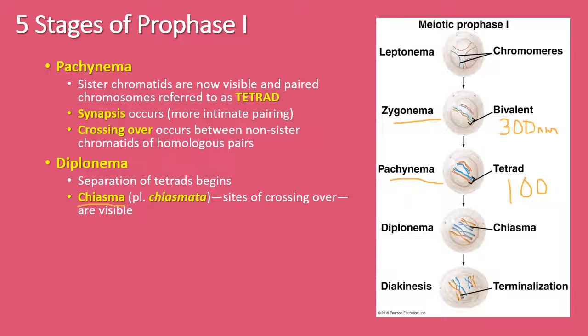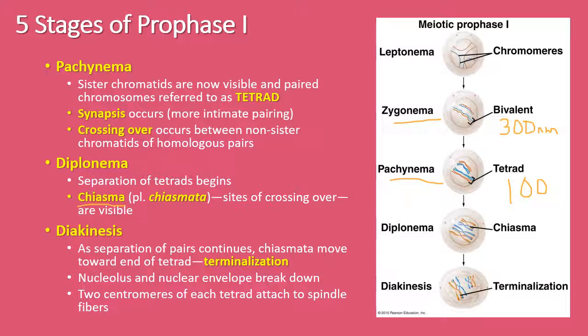Once the chromosomes start to separate, just move slightly apart, the chiasmata actually kind of move down, and this is during diakinesis, towards the end of the tetrad, and that's called terminalization. Also, at the end of prophase 1, the nucleolus and the nuclear envelope start to disappear, and other things that happen right before cell division, like the centromeres attaching to the spindle fibers, begin to occur at the end of prophase 1.